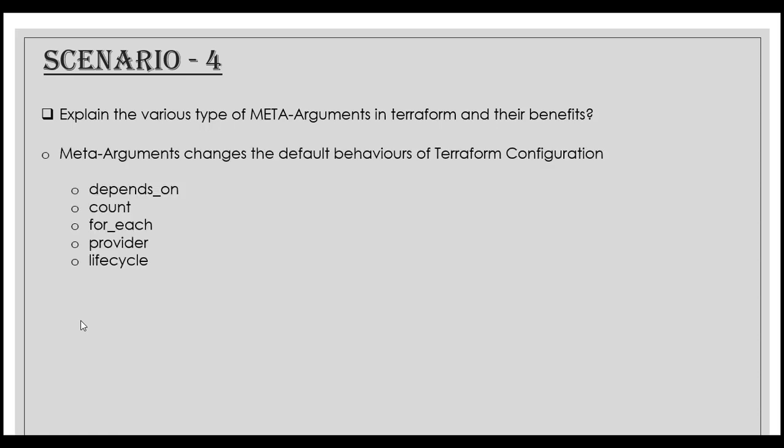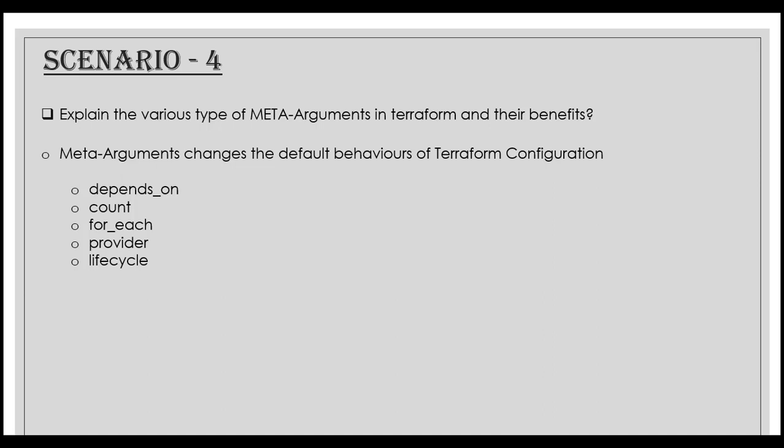Let's understand that. Meta arguments change the default behavior of Terraform configuration. If you're applying a meta argument, it will change the default behavior of the Terraform configuration. What exactly do I mean by that? Let's understand that first.